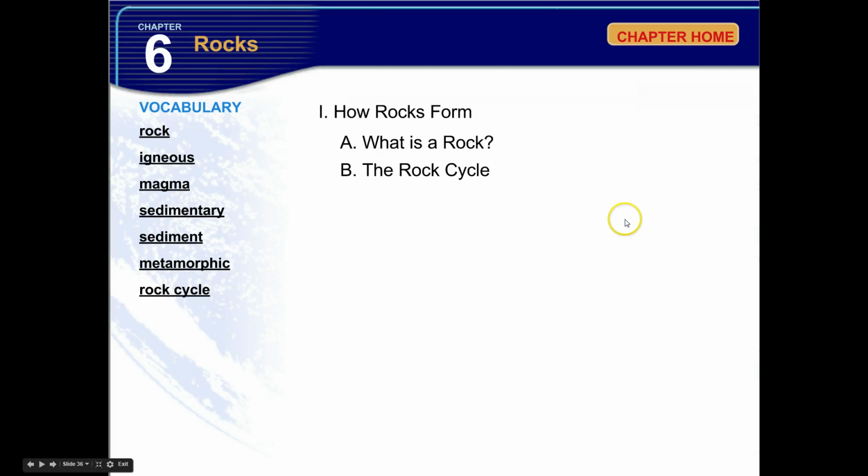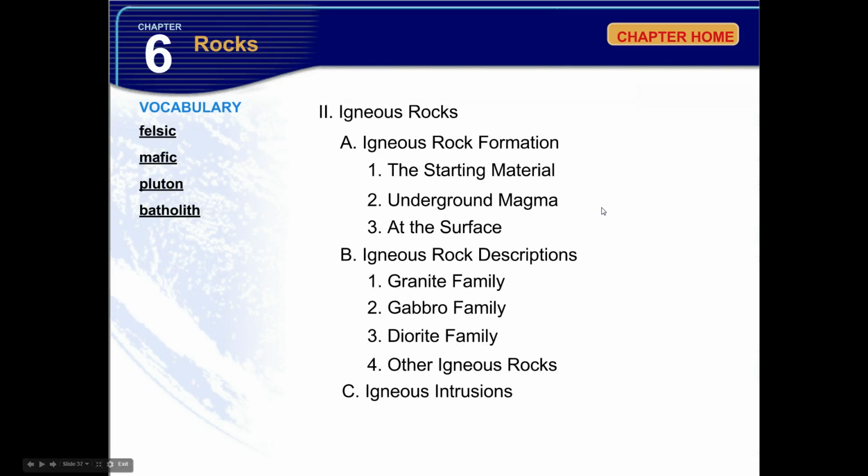And let's break it down one last time with the outline. So how rocks form, what is a rock, the rock cycle, and in section 2, the igneous rocks, what they start with, the underground magma, the different types, and then what happens at the surface. We talked about the 3 different types of families and the other igneous intrusions.